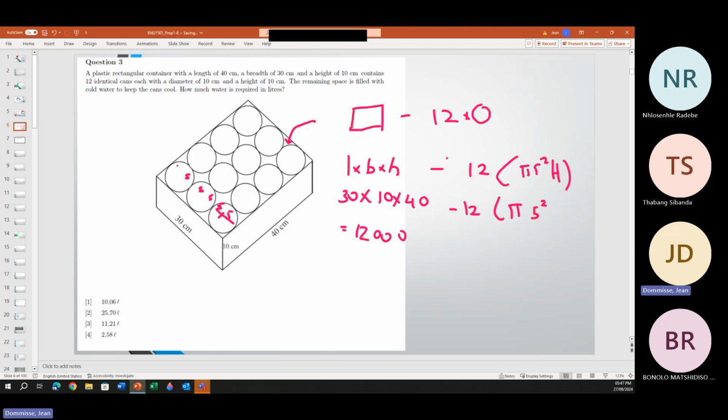So if we had those 5s, 1, 2, 3, 4, 5, 6, 6 times 5 is 30. So you will get that length if we did it across here as well. It would have been 10, 10, 10, 10, which would also give us the 40. Okay, and then the height is also 10.